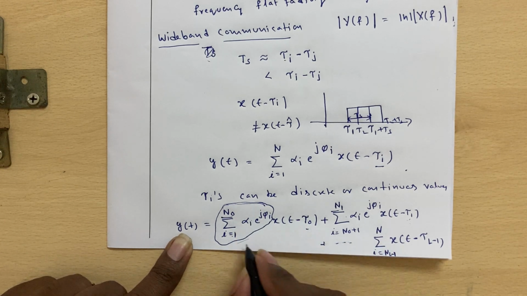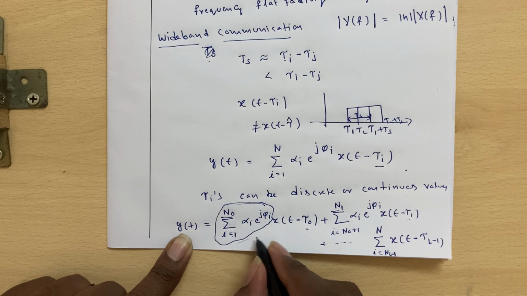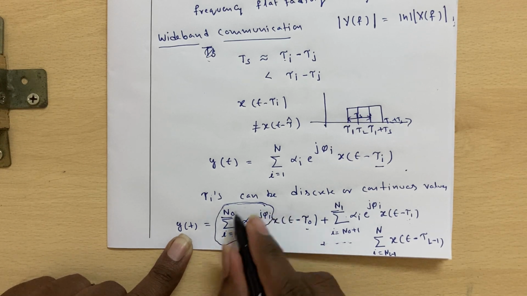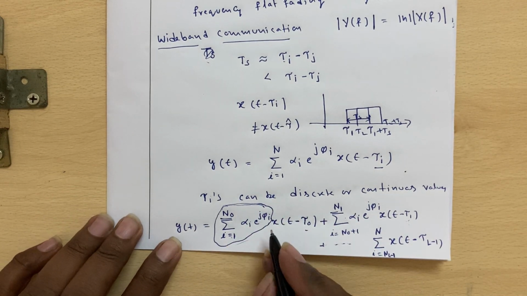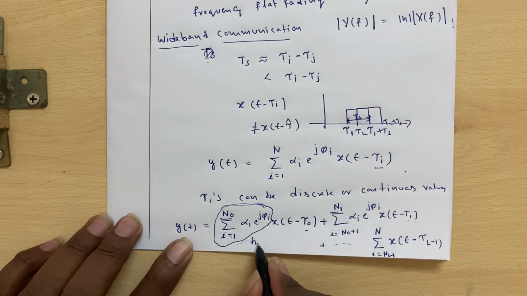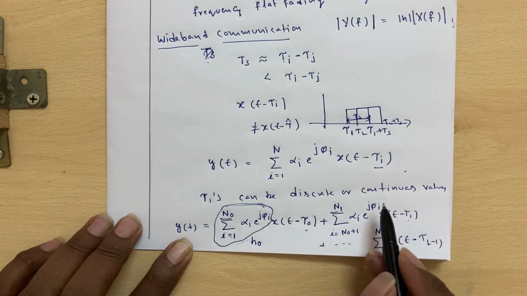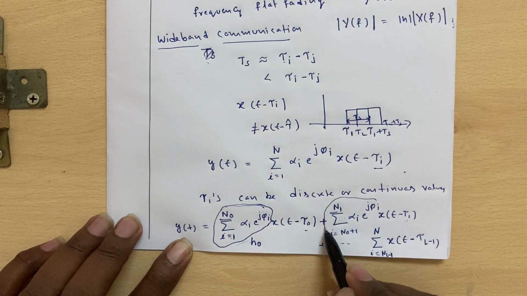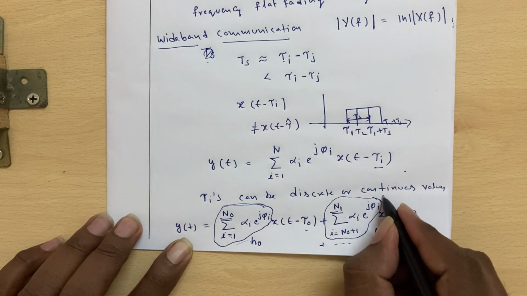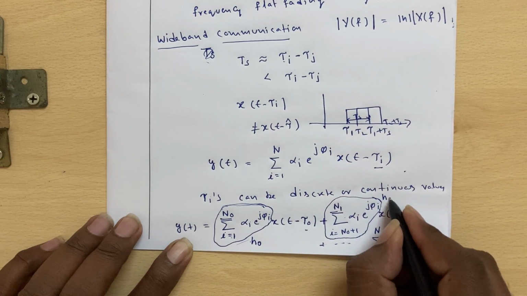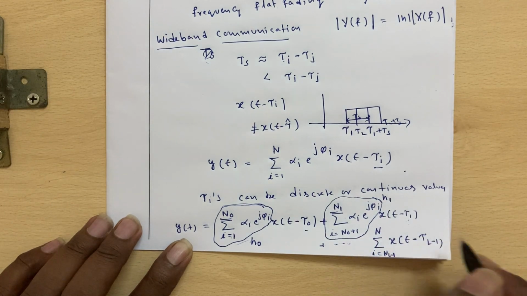So it will be a complex Gaussian random variable by imposing the central limit theorem, and this will be a single complex number, say h naught. And similarly, the sum of this very large number of complex numbers can be written as another complex random number, h1, something like this.